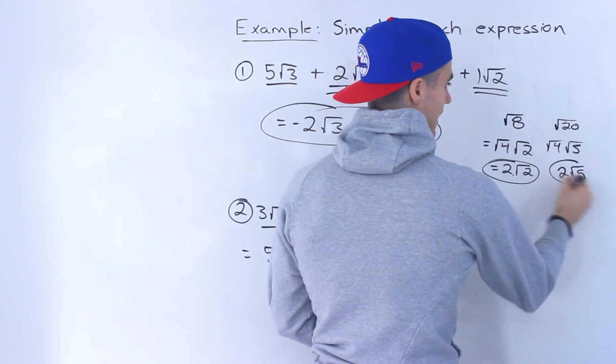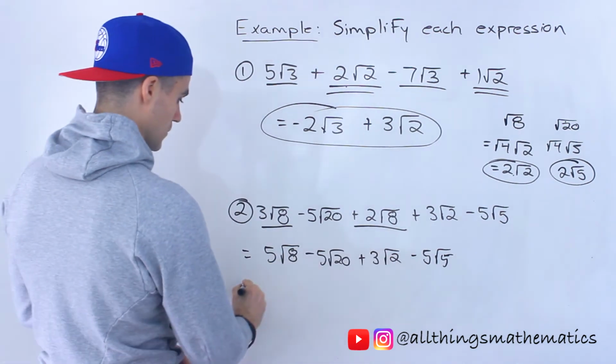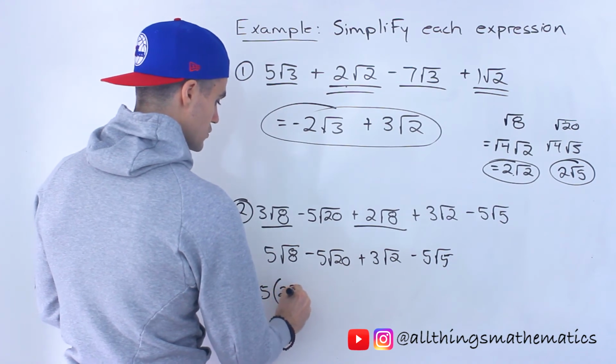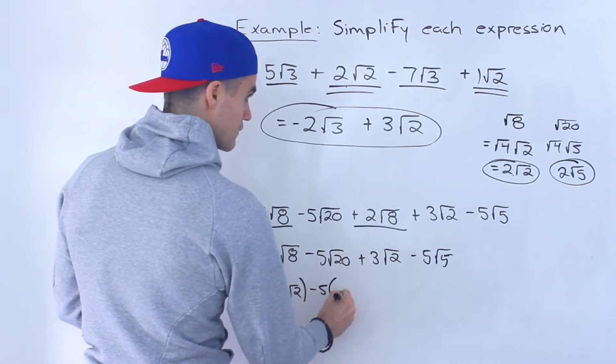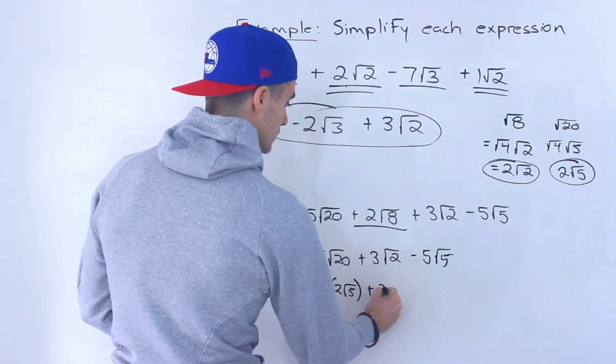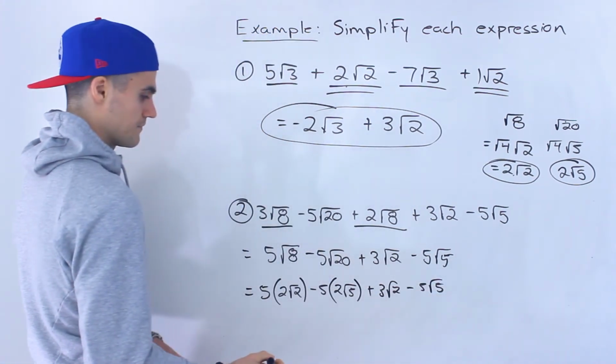So this and this are the exact same thing, and I'm going to plug that in here. So we end up having 5 times 2 root 2 minus 5 times 2 root 5 plus 3 root 2 minus 5 root 5, like that.